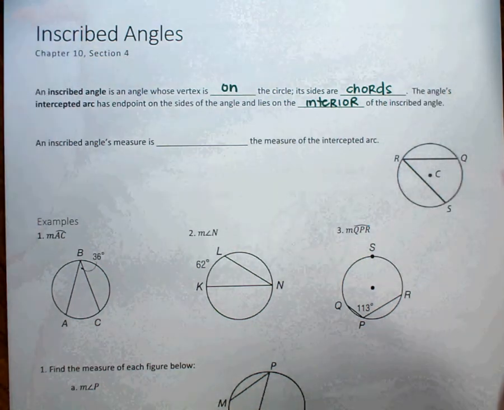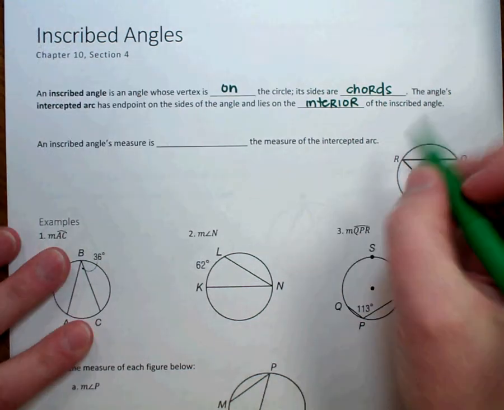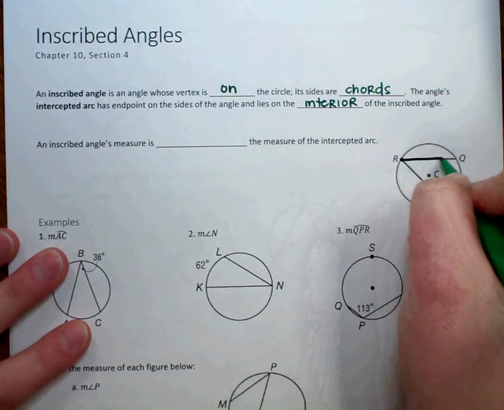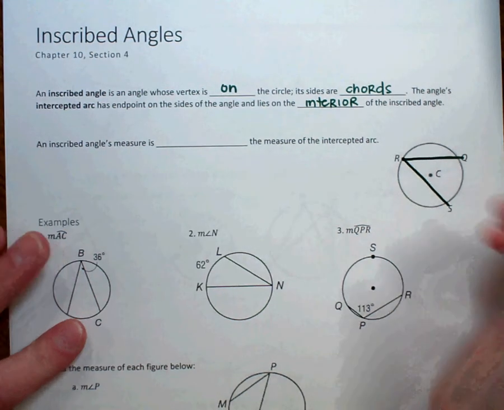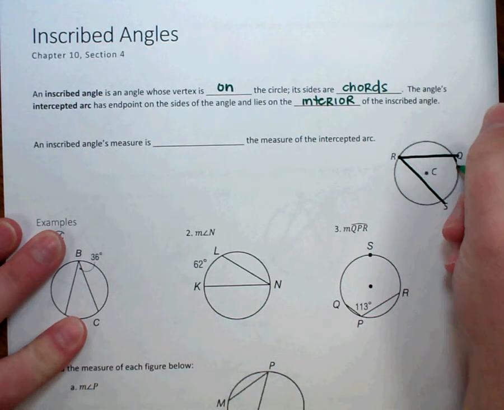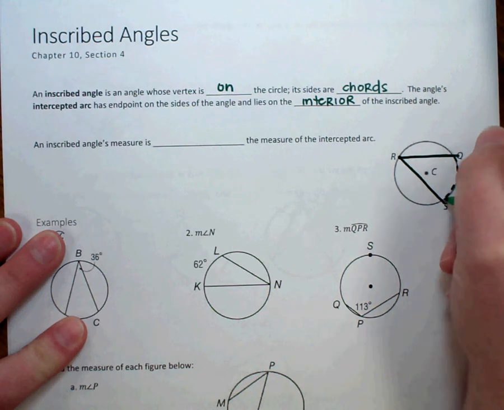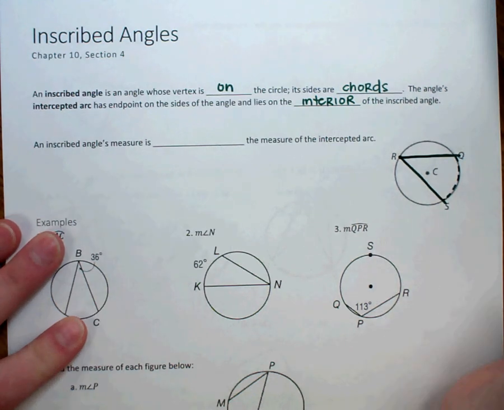The intercepted arc, then, if you are going to trace this angle, the intercepted arc is on the interior of the angle.